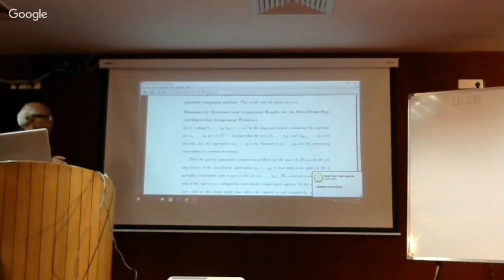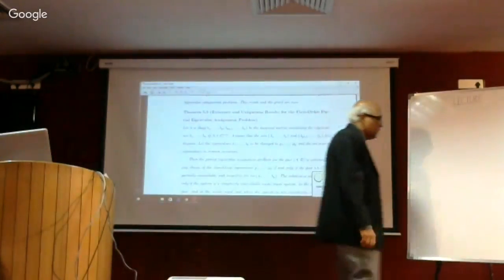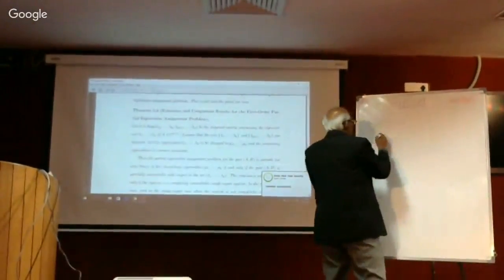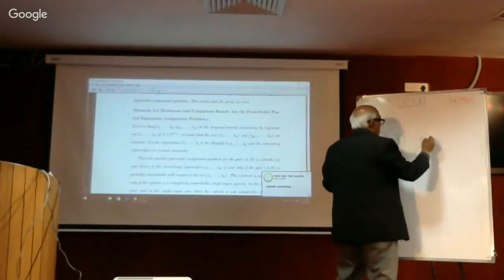So let's look at the problem again. Given a pair of matrices A, B, which is not necessarily controllable. It doesn't have to be controllable. A, B is partially controllable.